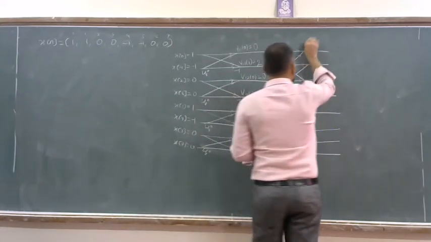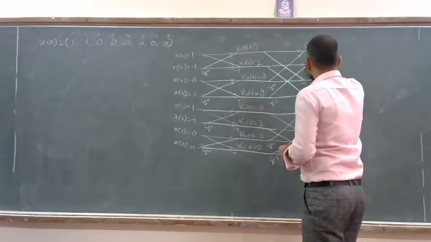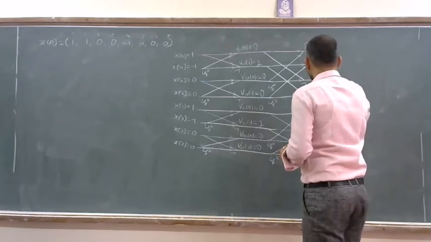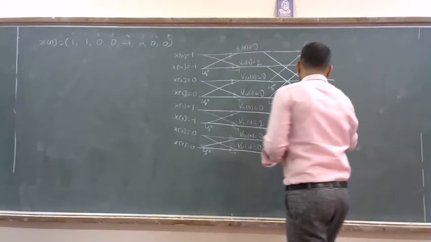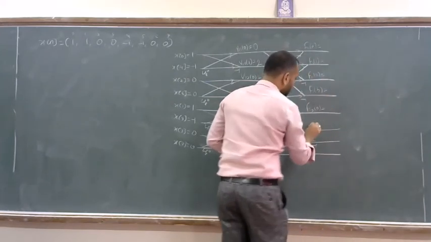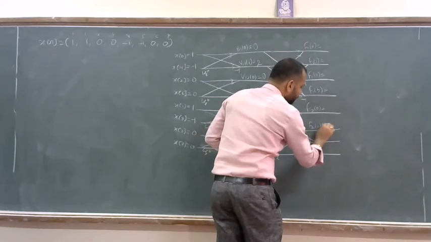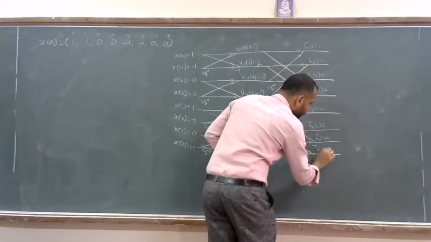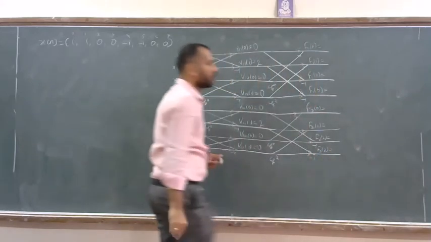So F1 of 0, F1 of 1, F1 of 2, F1 of 3, F2 of 0, F2 of 1, F2 of 2, and F2 of 3 are the two 4-point DFTs. Okay.